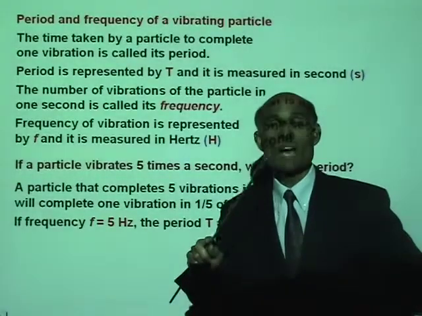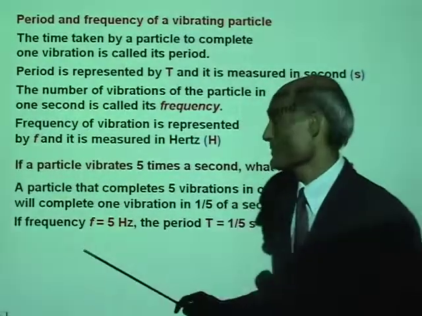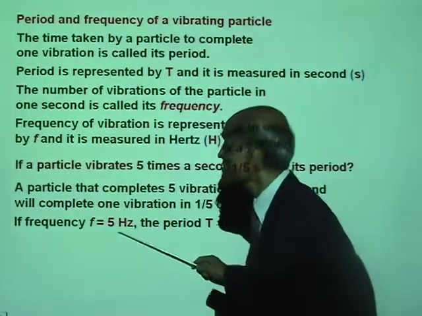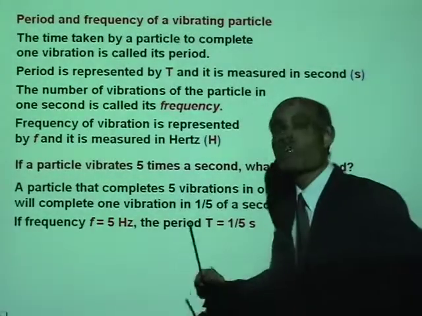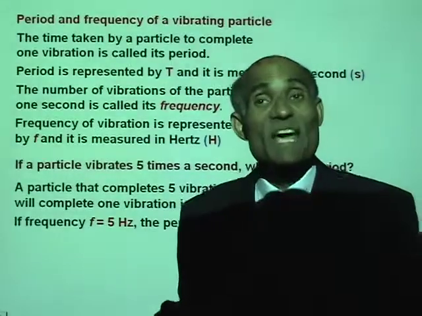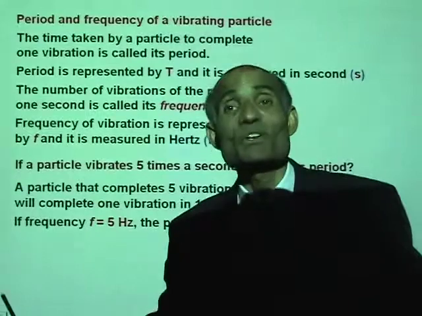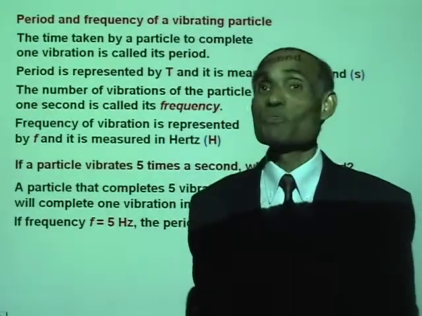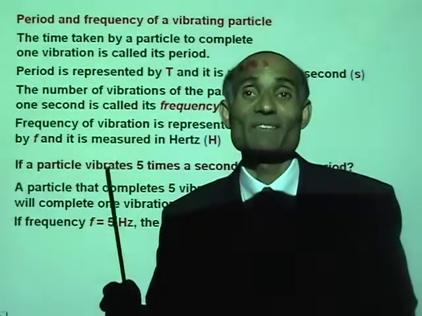Now, can you tell me how period and frequency are related? If the frequency is 5 Hertz, then the period will be 1/5 of a second. If the frequency is 10 Hertz, the period will be 1/10 of a second. If the frequency is 2 Hertz, what will be the period?